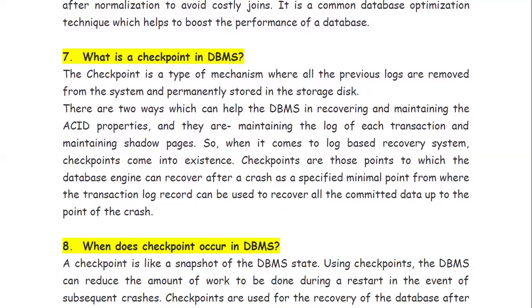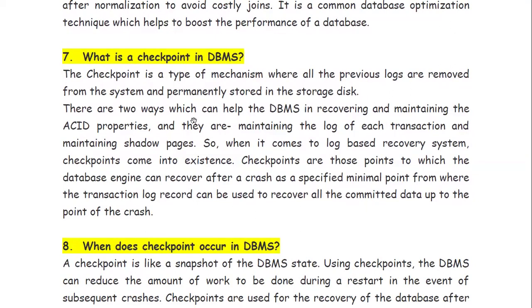Let's come to the next question. What is a checkpoint in DBMS? Checkpoint is a type of mechanism where all the previous logs are removed from the system and permanently stored in the storage disks.